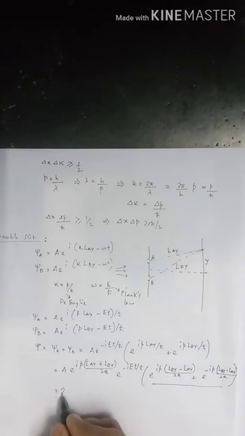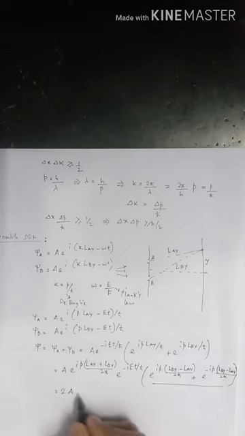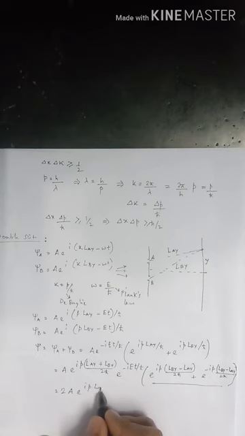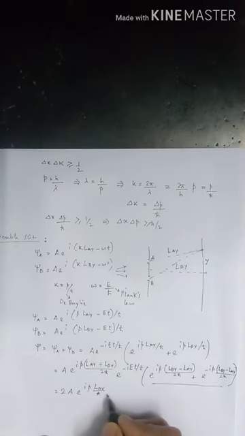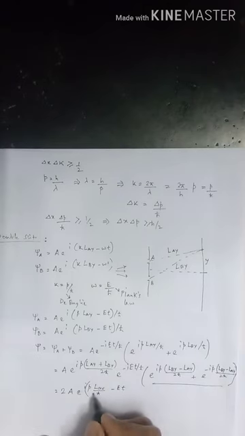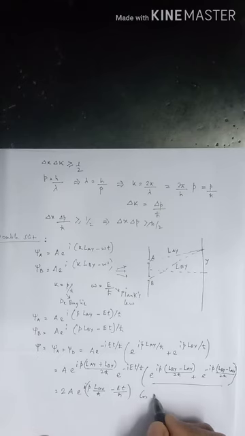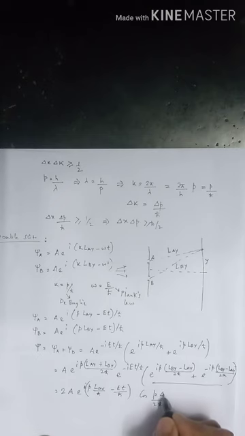We can write 2A e to the power i p, if I call this L average, by h cross, minus i E t by h cross, and this as cosine of p by twice h cross delta L.